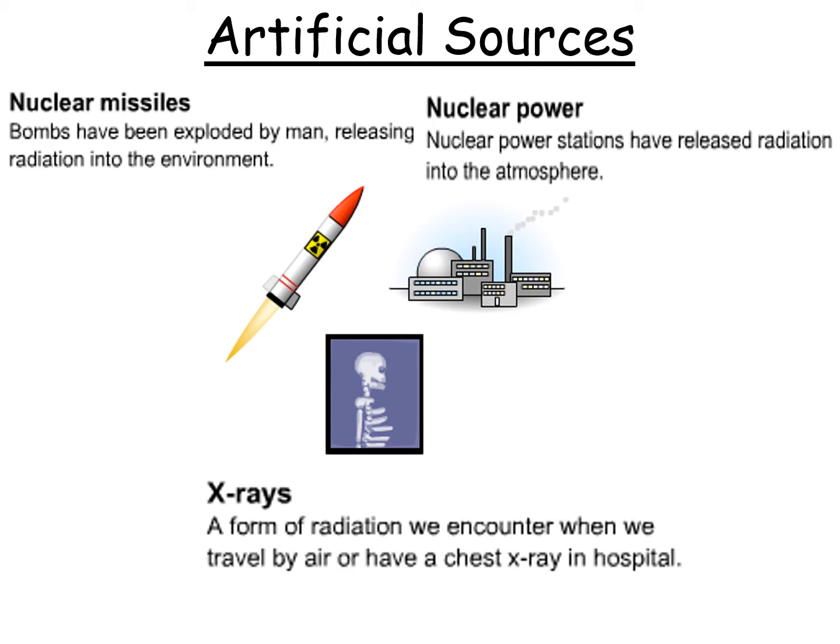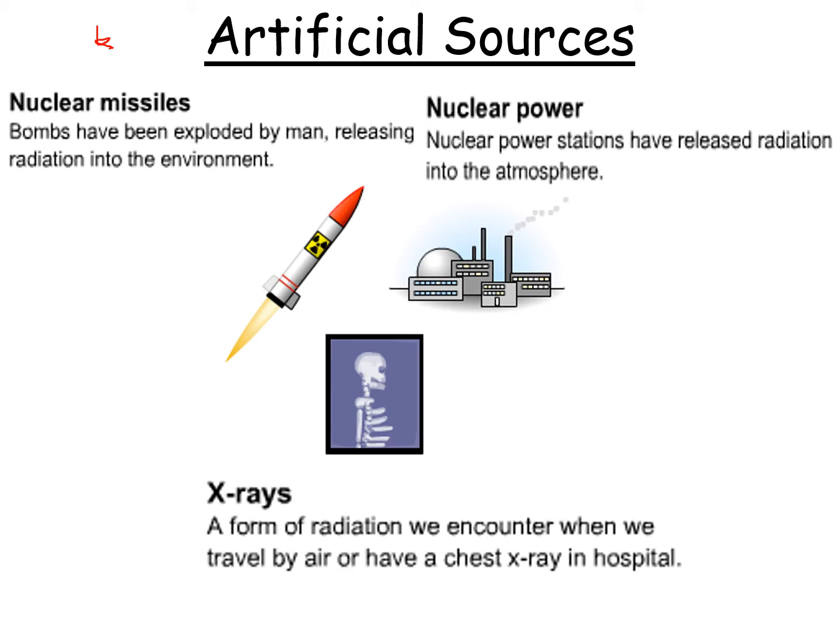And these in general are sources that are made by human beings. So again, I'd like you to note down these three types of artificial sources: nuclear weapons, nuclear power, and X-rays. If you get too much radiation from these, you can be at serious risk of developing cancer.